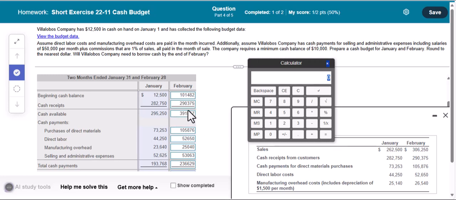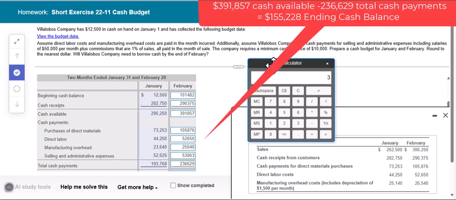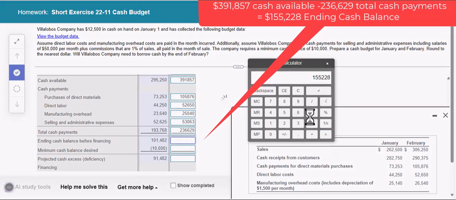So that again is the cash available here that we calculated, and less all the total cash payments. So that's going to be $391,857. Subtract out total cash payments of $236,629. And that's going to give us a total of $155,228. So we'll enter that in here for our ending cash balance.